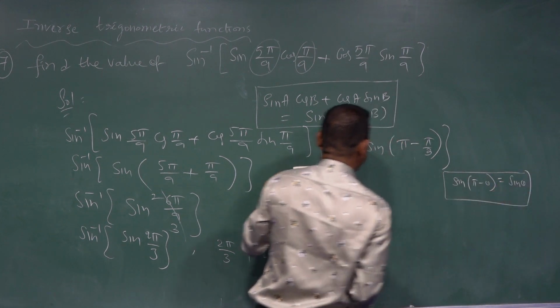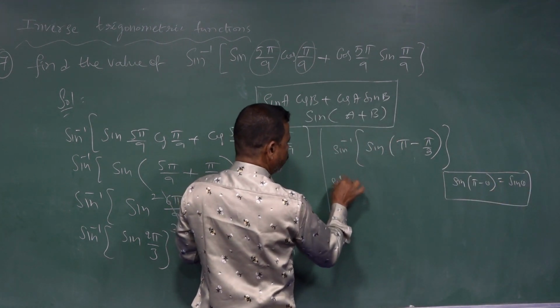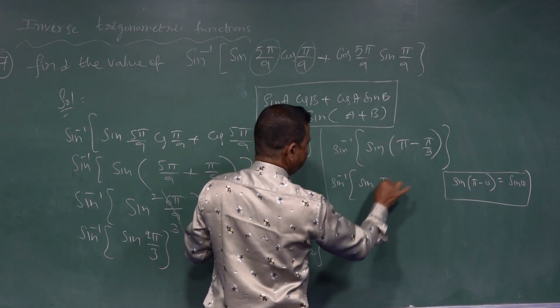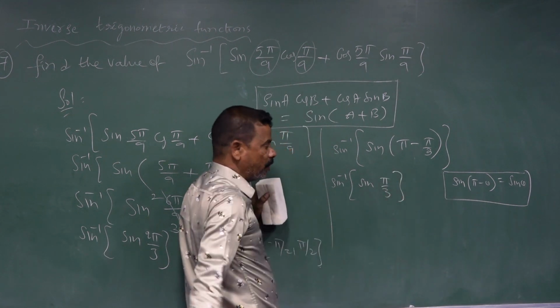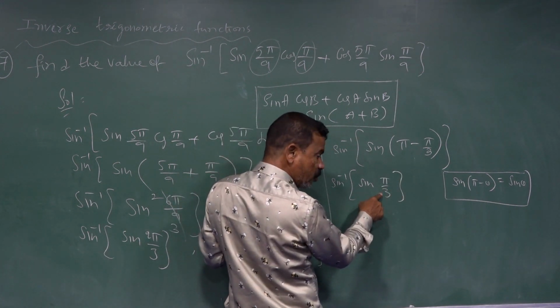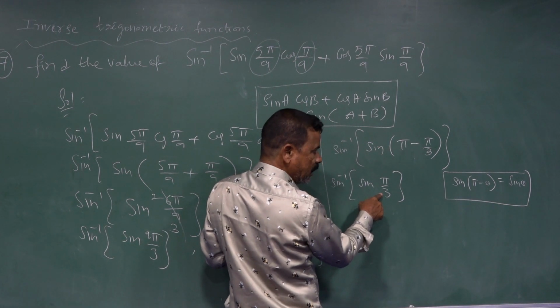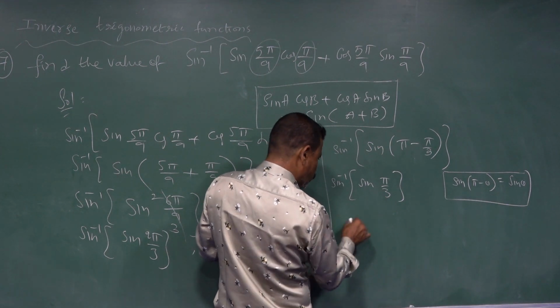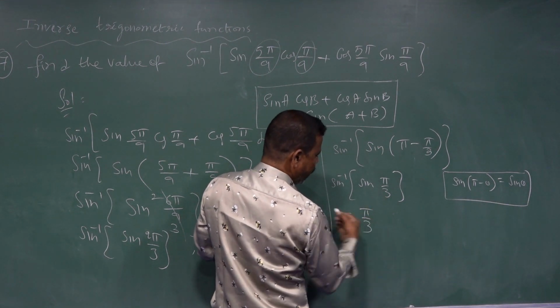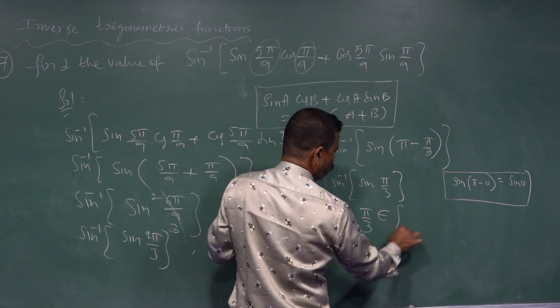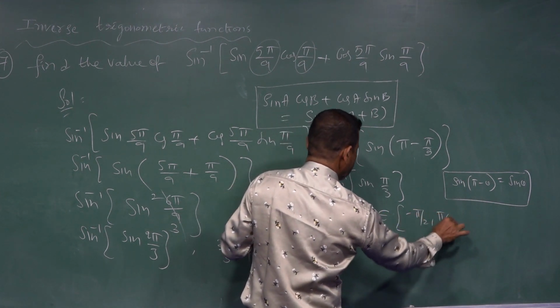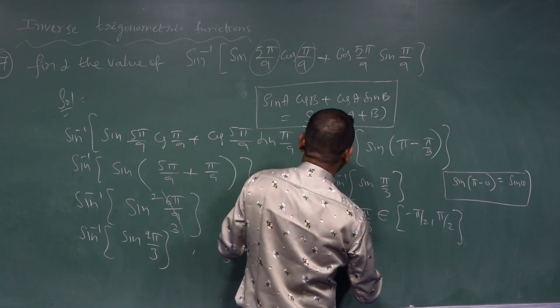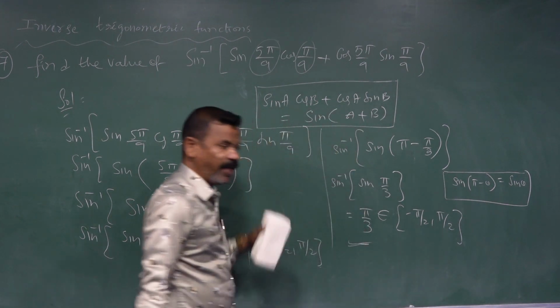This is another formula. According to that, sin inverse of sin 5 by 3 will come. Now 5 by 3 belongs to minus 5 by 2 to plus 5 by 2. So the answer is 5 by 3, and that's why the total value is 5 by 3.